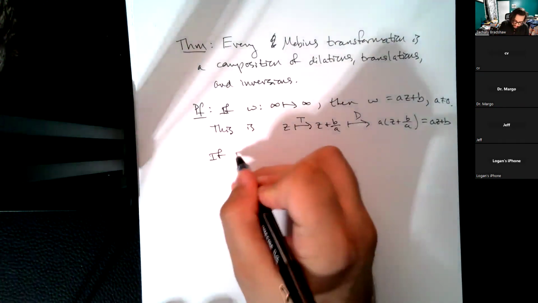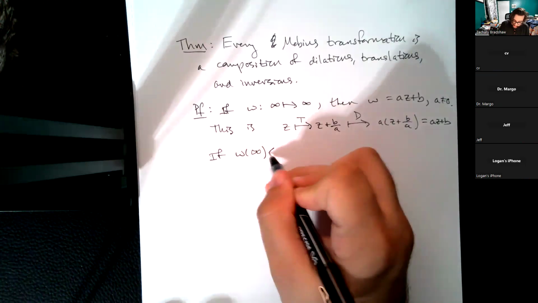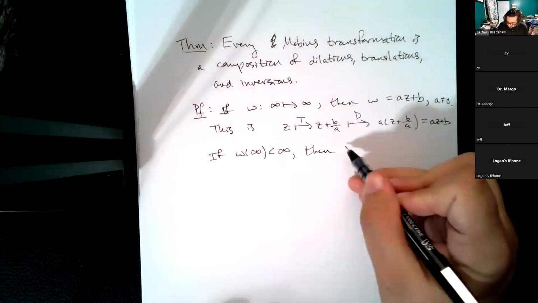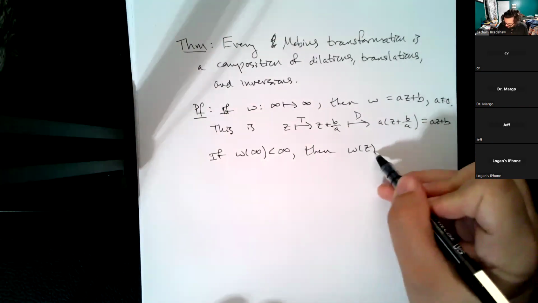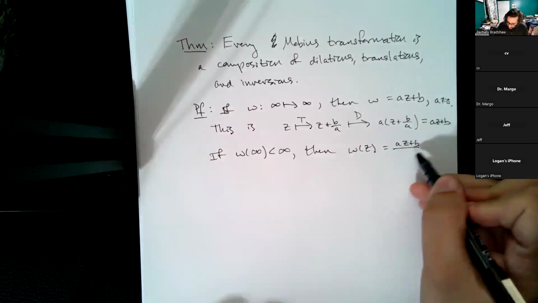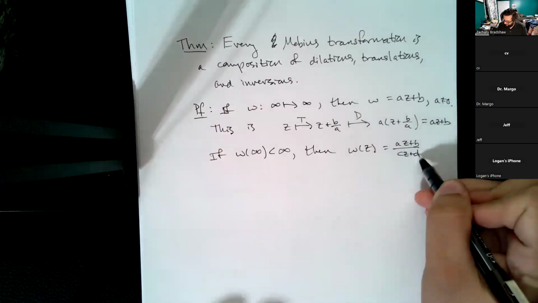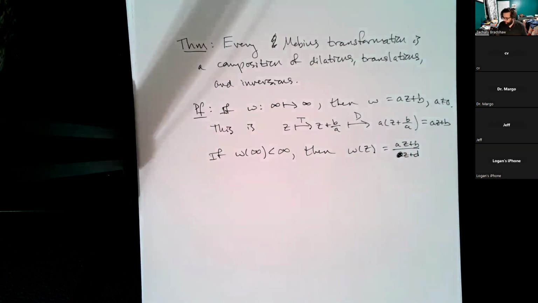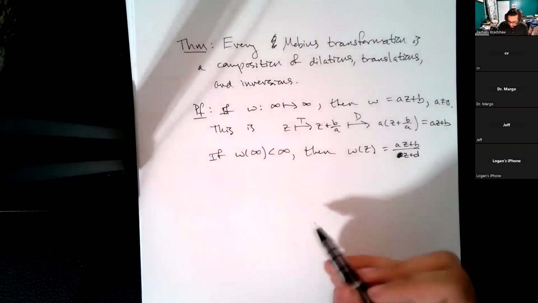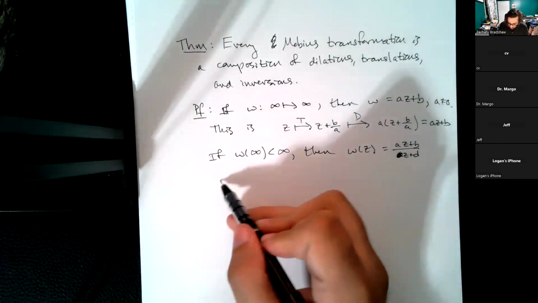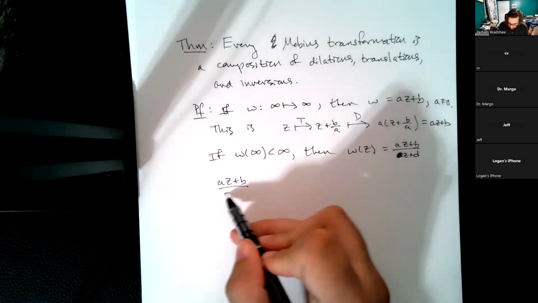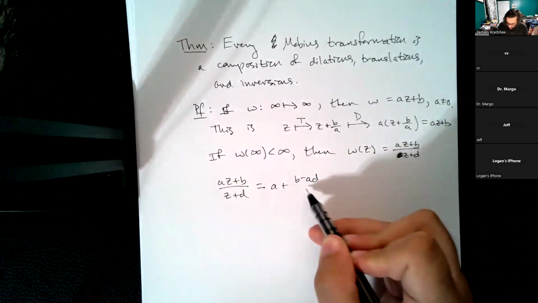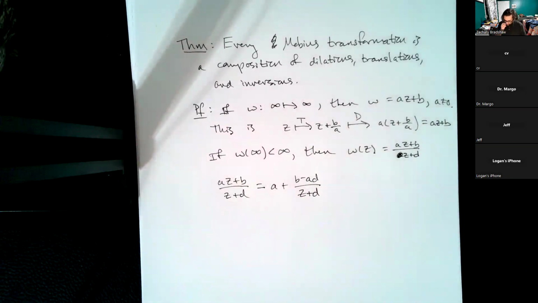Now on the other hand, if w of infinity is not infinity, so let's say it's finite, then we have the more general form, az plus b over cz plus d. I'm going to get rid of the c again, it's redundant. Now az plus b over z plus d is a plus b minus ad over z plus d.